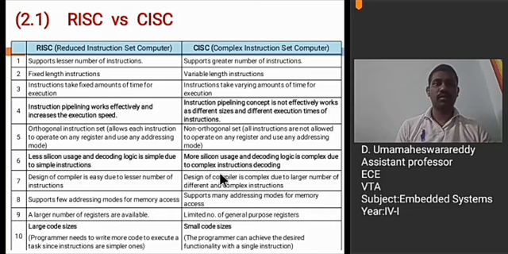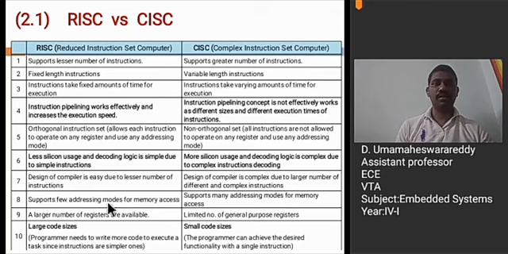But coming to CISC, design of the compiler is complex because of the larger number of different and complex instructions. And RISC supports few addressing modes for memory access because of fewer instructions, whereas CISC supports many addressing modes for memory access.